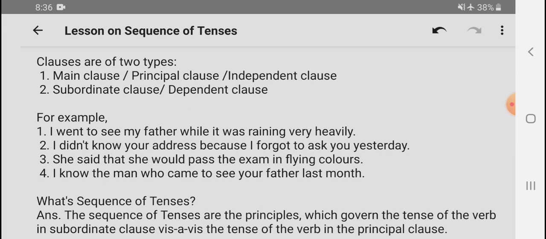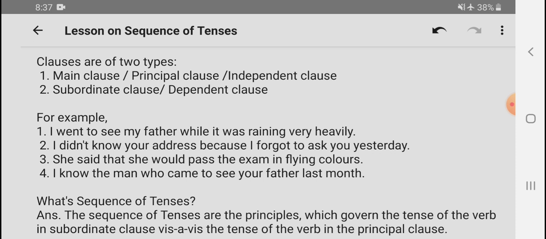Now if you read these two clauses separately, like I went to see my father first, and then while it was raining very heavily, you can get an idea of which one is independent clause and which one is dependent. If we read the first portion, I went to see my father, it gives you a clear idea that you made the initiative and you went somewhere and you saw your father.